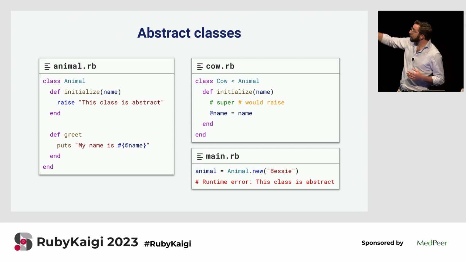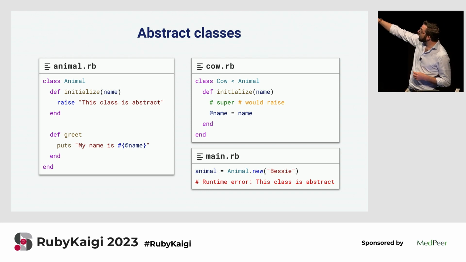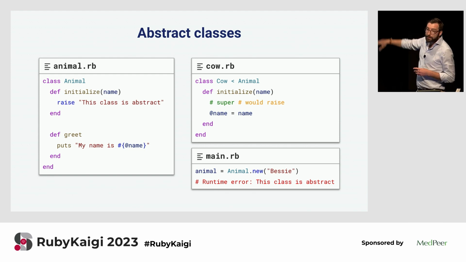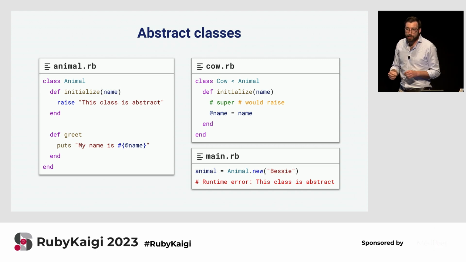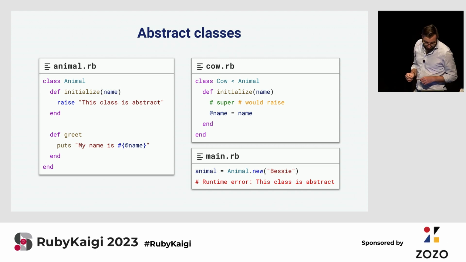I would like for this animal class to initialize its own @name instance variable and not leave that to the subclasses. The encapsulation tells us it should be done in the animal class, not in the cow class. The problem is in the cow class, I cannot call super and let the instance variable for animal be initialized because I will get this raise. So that's not a very good design, and we can do better.